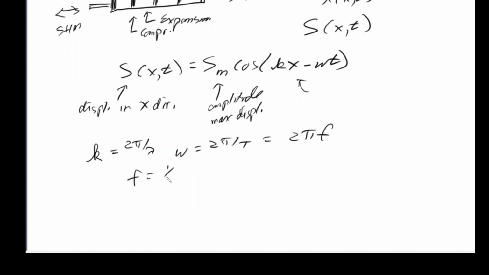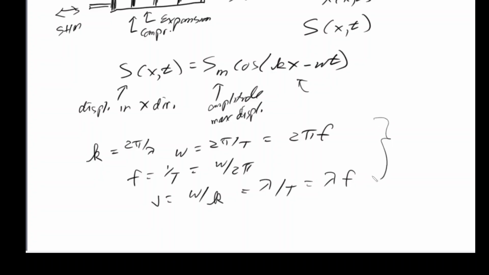Frequency is equal to 1 over T, which is equal to omega over 2 pi. v is equal to omega over k, which is equal to wavelength over T, which is equal to wavelength times frequency. And again, we will use different variations of these to solve problems.